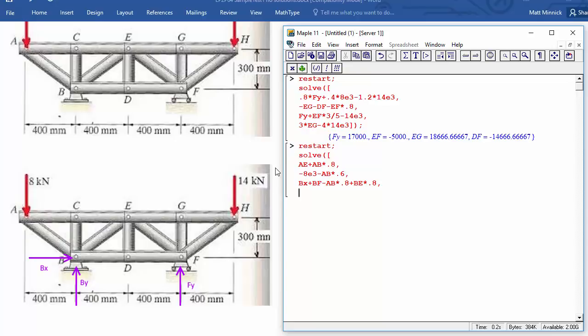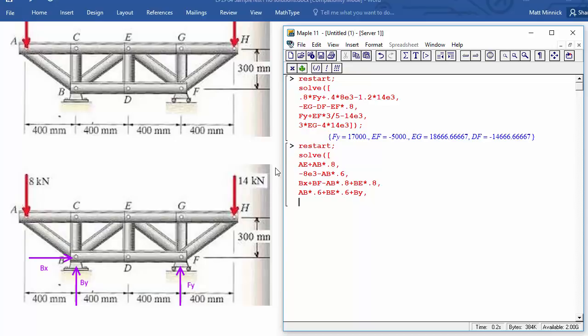Then in the vertical, we've got AB times 0.6 plus BE times 0.6 plus BY, remembering that BC is 0, so forget that one.